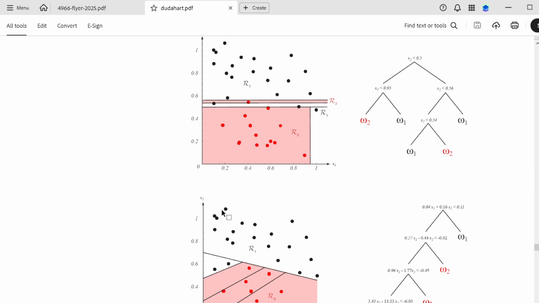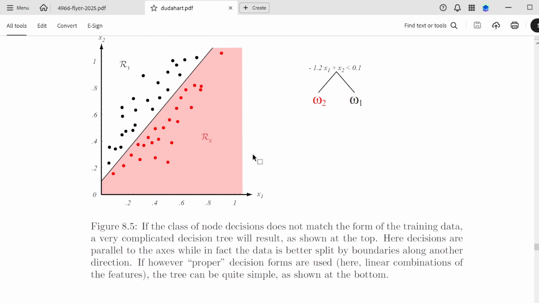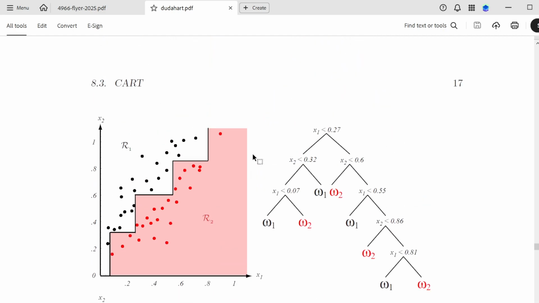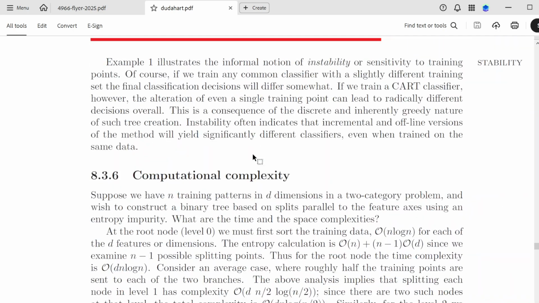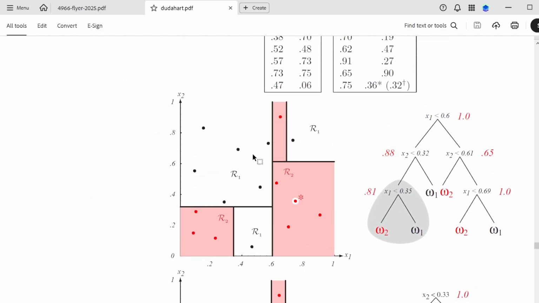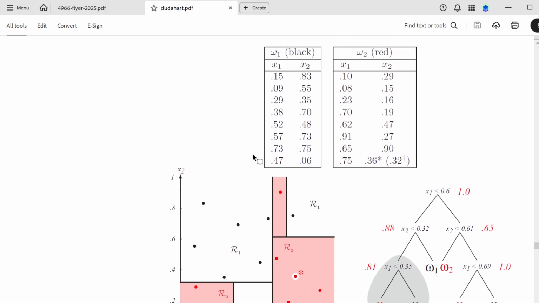So that's one thing. The other thing I wanted to show you, and this is actually the other picture I was showing you, this versus this, is that decision trees are known to be very sensitive to the data, right? So for example, here's some data, 16 data points, and all I'm doing here is changing this value of 0.36 to this value of 0.32, right?